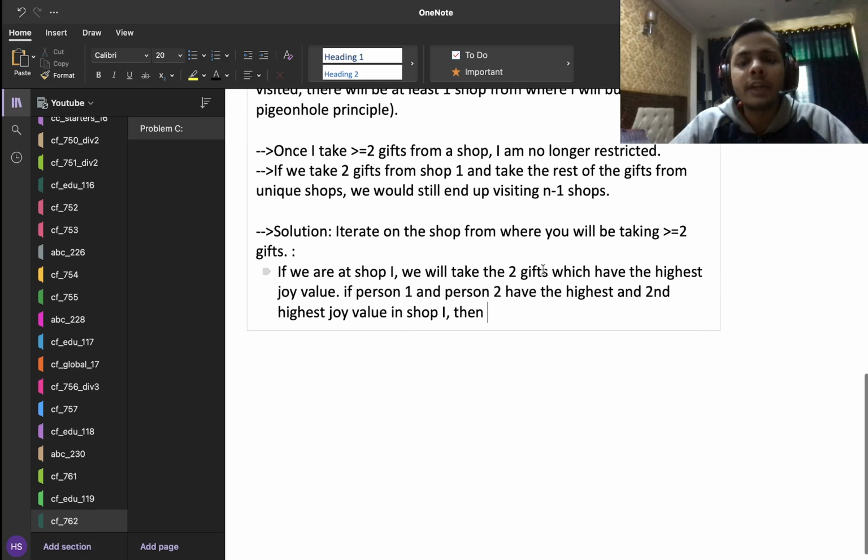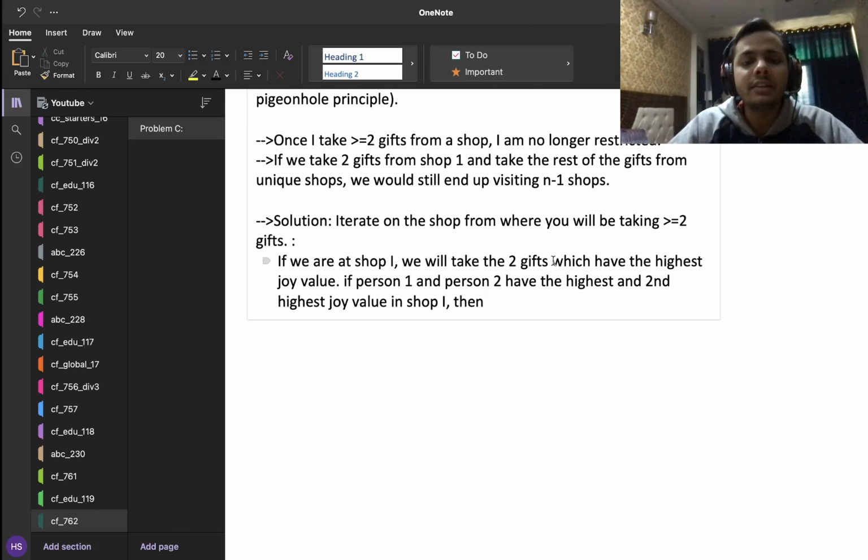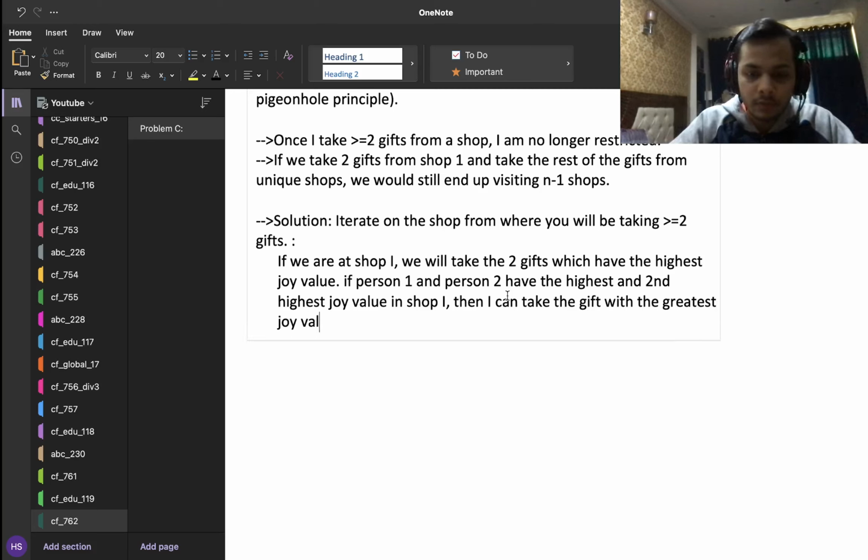The reason for that is I'm already taking the 2 gifts with the highest and second highest joy value in the ith shop. So I have already purchased a gift for these 2 people. But then I can take the gift with the greatest joy value for every other person, and that joy value is nothing but max val of the person, right?